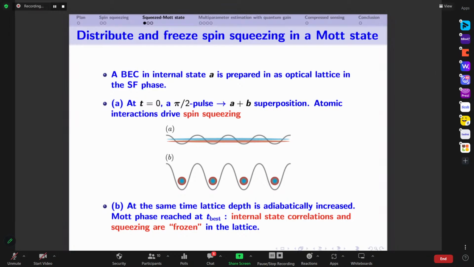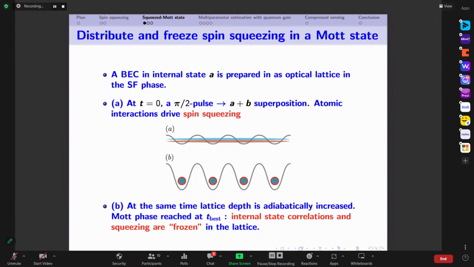That is, we imagine that initially we prepare our condensate in a very shallow lattice, and we put all the atoms in a superposition of the two internal states, A and B, so that the squeezing dynamics starts.